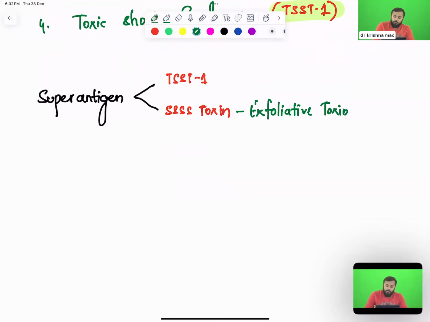Now, when it comes to exfoliative toxin, there are two different types of exfoliative toxin. One is called as exfoliative toxin A, exfoliative toxin B. Okay? So overall, if you see here, TSST1, exfoliative toxin A, exfoliative toxin B, these three are called as what? Superantigens. Now let us see the concept of superantigens.